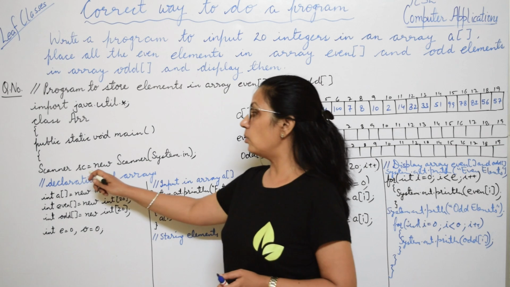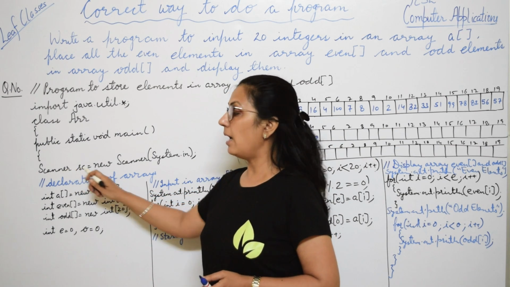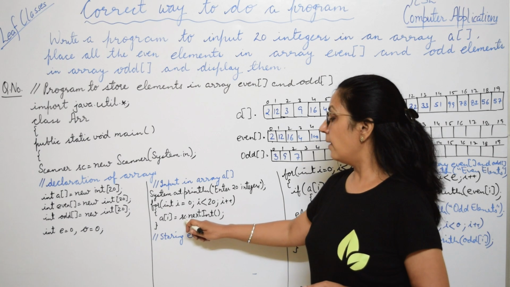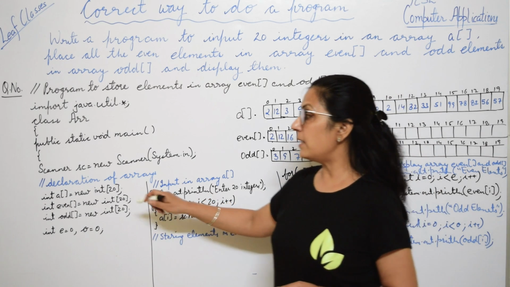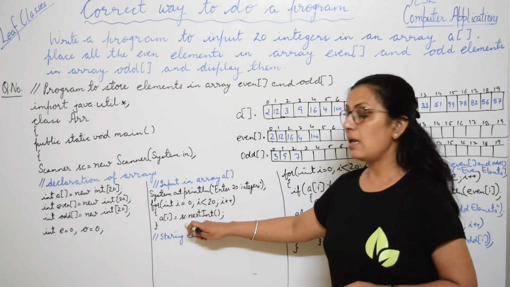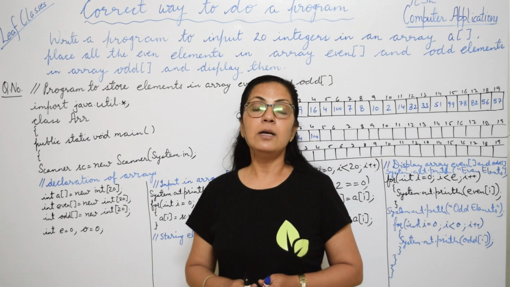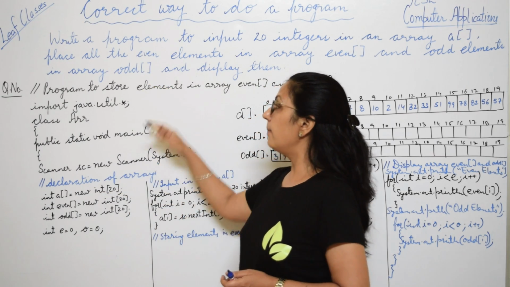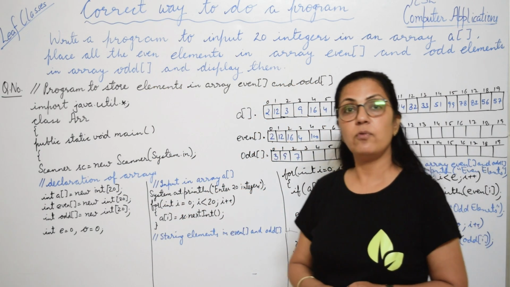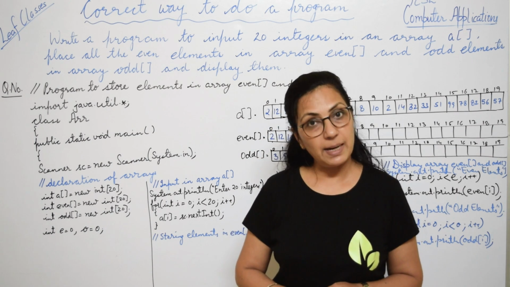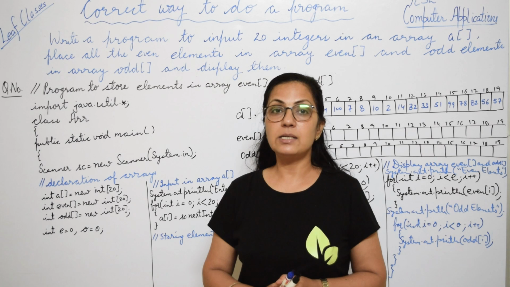Sometimes children write Scanner in, and by the time they come here and write this function, they write sc. So please match whether this object is the same here or not, right? So these are some important points. Please don't miss the comment entries. At least 3-4 comment entries should be there. They can be single line or multi-line comment entries, right children?